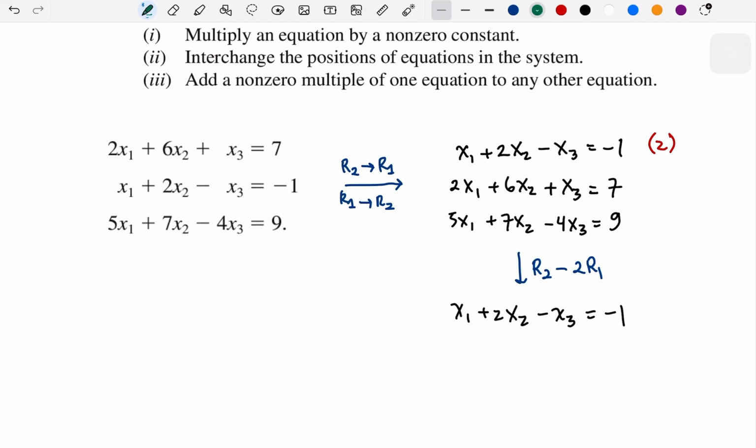So this will be 2x1 minus 2x1, so 0. And then 6 minus 4 is 2, so 2x2. And then x3 minus 2, so 1 plus 2, so 3. And then 7 minus 2, so plus 2, so 9. The last one is still the same.